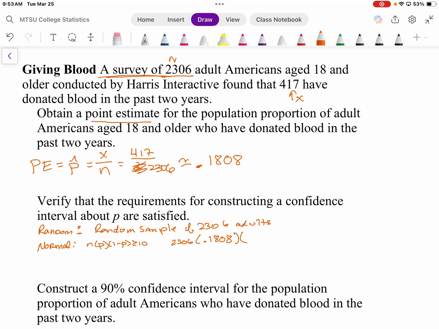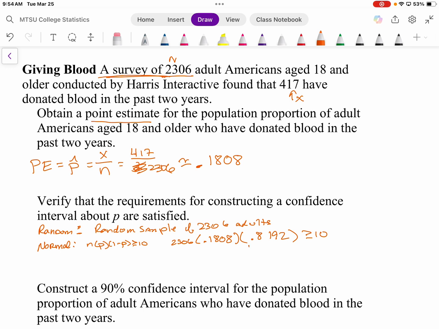So what is 1 minus that answer in my calculator, which is 0.8192. And is that greater than or equal to 10? So now that becomes a calculator activity. 2306 times 0.1808 times 0.8192.